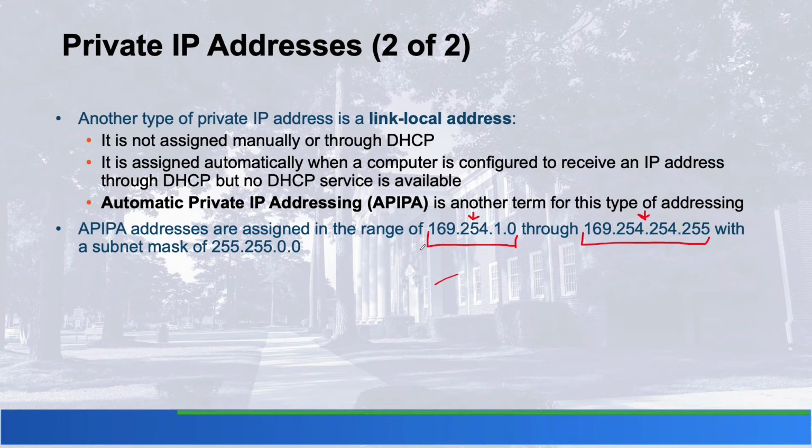If your computer picks one of those addresses, or you assign that address to one of your computers, you're going to be able to print to your printer at your house. You're going to be able to get to all your devices within your network, but you're not going to be able to communicate on the internet. And again, that's for conservation of IP addresses.